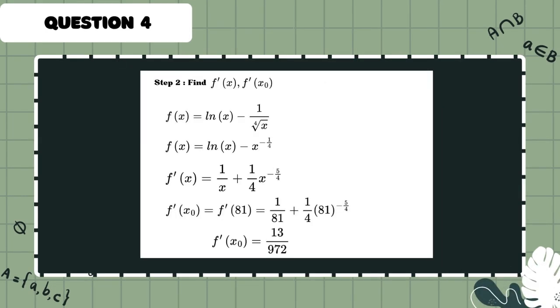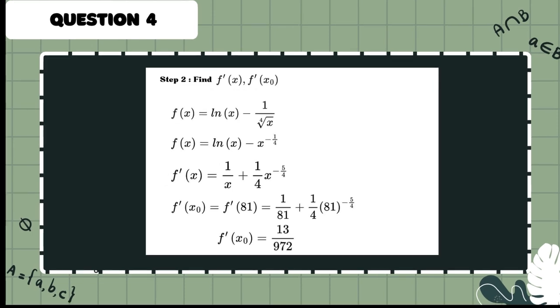For step 2, we need to find f prime of x and f prime at x naught. We start with the original function f of x equals ln x minus 1 over the fourth root of x, which we rewrite as ln x minus x to the power of negative 1 over 4. The derivative of ln x is 1 over x, and the derivative of x to the power of negative 1 over 4 is negative 1 over 4 times x to the power of negative 5 over 4.